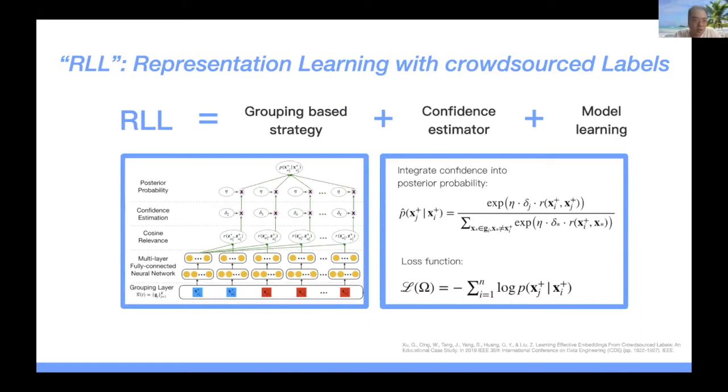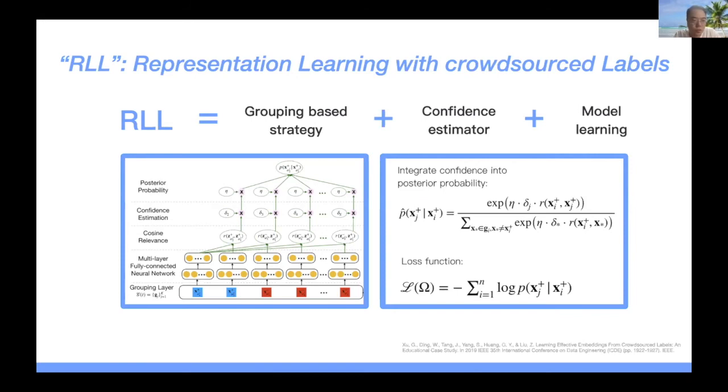Then on the right side, for the loss function, we want to maximize the probability of retrieving a positive example, xj, given another positive example, xi, together with k negative examples. In other words, in our latent space we want all the positive examples to be close to each other, and positive and negative examples to be far away from each other.